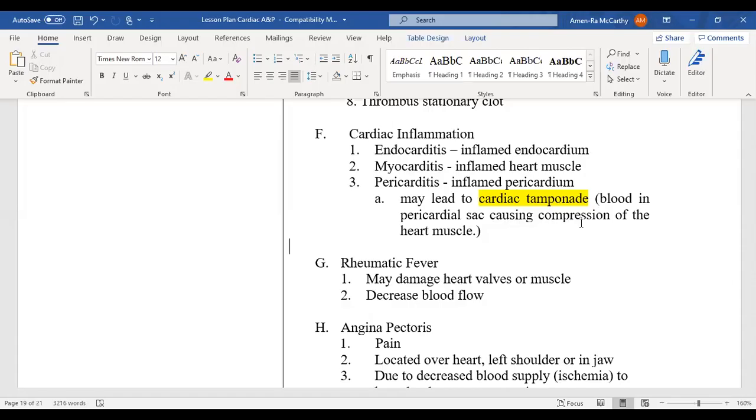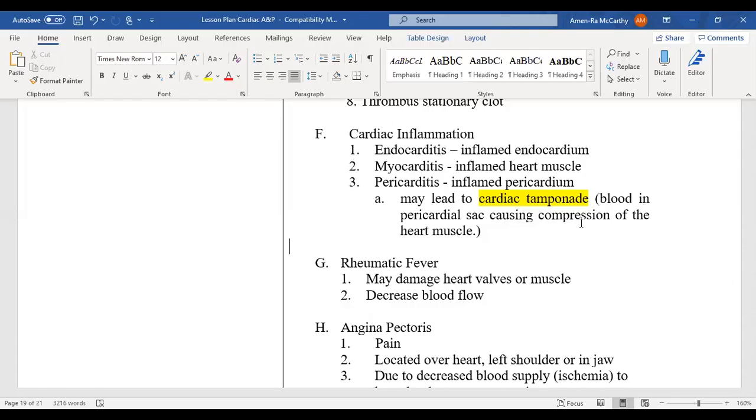Also, this is maybe like the tampon of the heart. Well, not necessarily. It leads to cardiac tamponade if blood gets in there. So if that pericardium becomes inflamed, that's pericarditis. If you don't treat it, it can start bleeding and causing blood inside of the sac. Then if there's blood in the sac, it's going to start compressing on the heart, okay? Because the sac does not stretch.